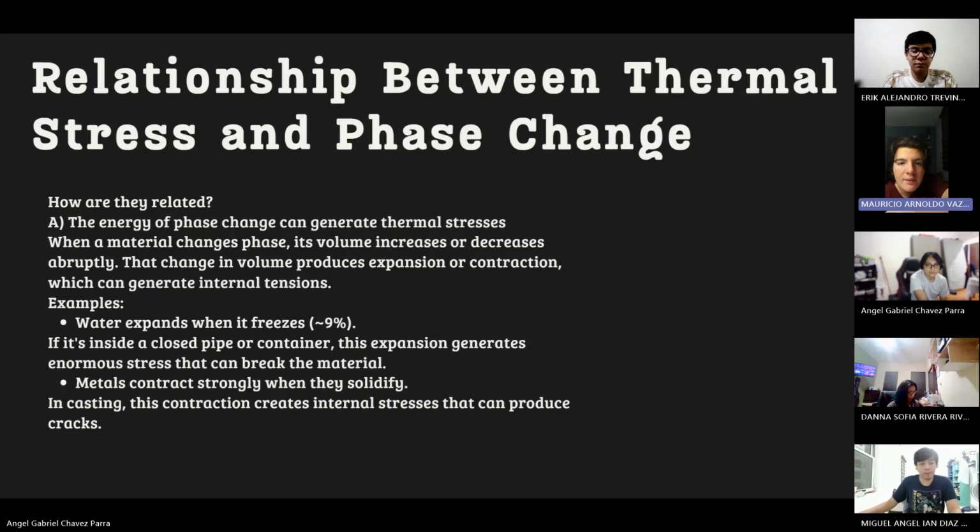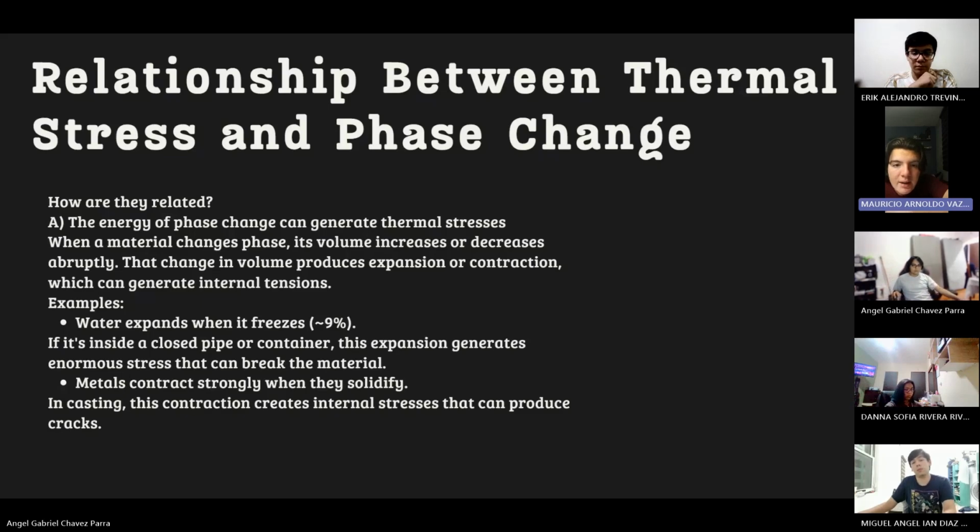The phase changes generate internal stress when the material changes phase, as the volume increases or decreases abruptly. That change in volume produces expansion or contraction, which in general creates internal tensions. For example, water expands when it freezes, by about 9%.